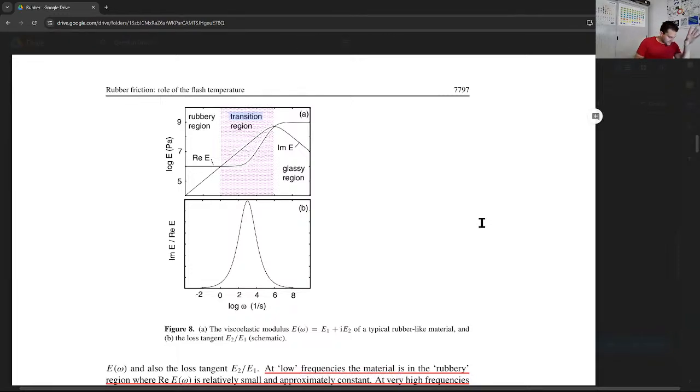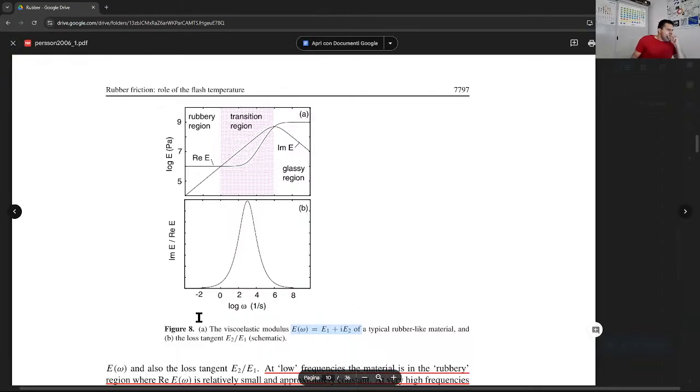So in this plot we have E, the complex elastic modulus, which is a function of frequency. And then we can see here the viscoelastic elastic modulus E1 plus i, the complex number, times E2. This is the typical elastic modulus for a rubber-like material or an elastomer.